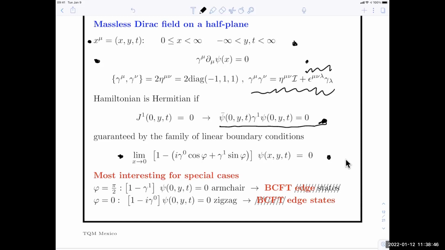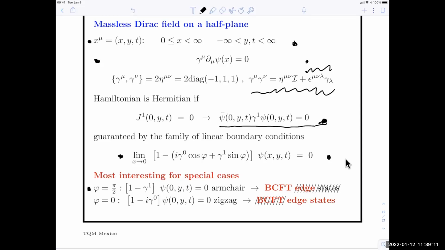So when phi equals pi over 2 at one end, that describes the armchair boundary condition. This is actually just the usual boundary condition, right? Gamma 1 is the normal component of the gamma matrices. The usual boundary condition of the MIT bag model, or that's used a lot for fermions. I think it's used there because it preserves symmetries.